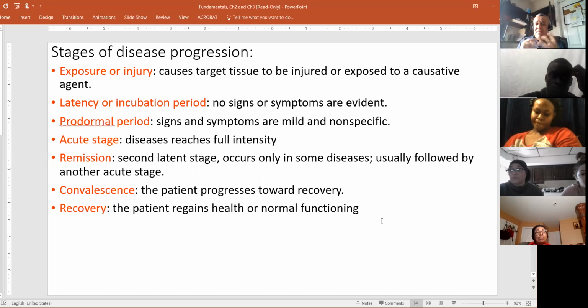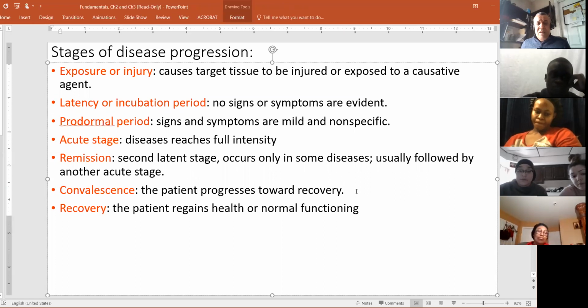There are some diseases that we call remission and exacerbation. Anyone knows the difference between remission and exacerbation? Remission is when it subsides, exacerbation is to become worse. Right.